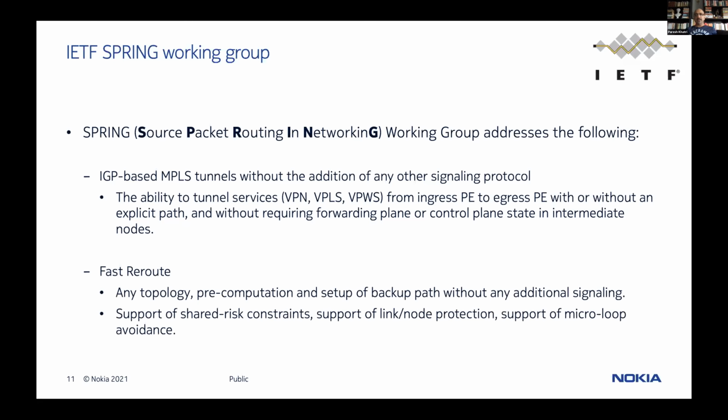The second bit that they would like is the ability to do things like fast reroute. Now, this is important. People notice when services go down. Customers notice when there's anything more than a few 100 milliseconds, even a few low hundreds of milliseconds.